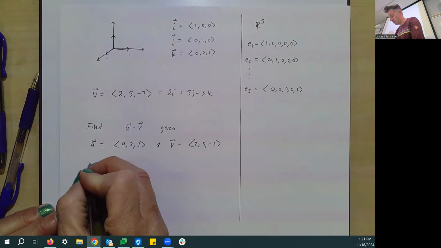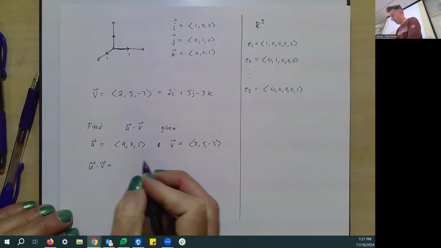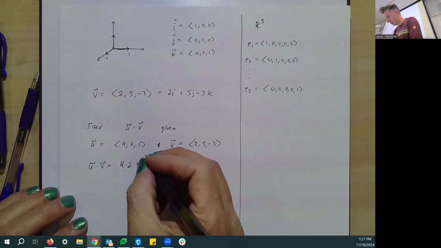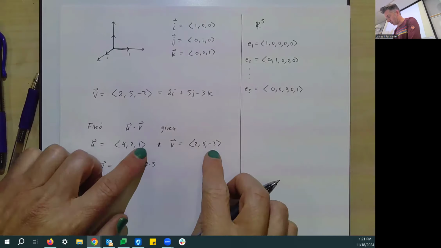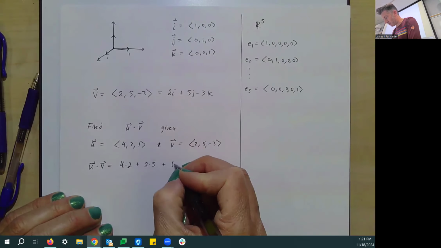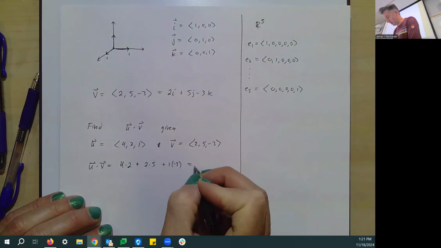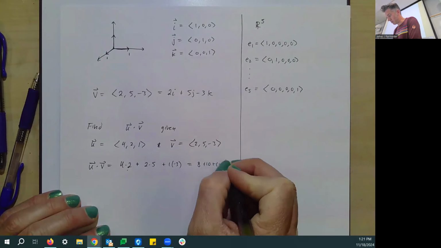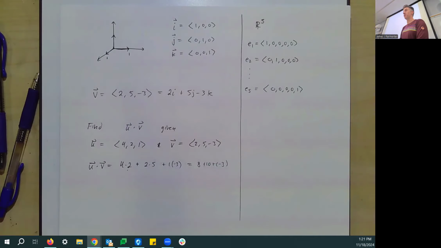U dot v, you're just taking the x components and multiplying them together, the y components and multiplying them together, and the z components and multiplying them together, and then adding it all up. So this is going to be 8 plus 10 plus -3, which happens to also be 15. Purely coincidental.